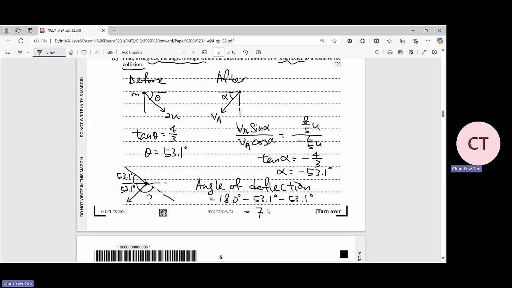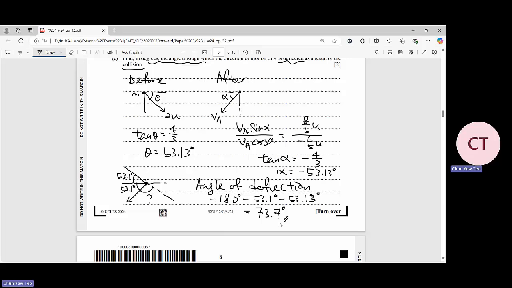Wait, tangent 4/3. To be safe and more accurate, we give 2 decimal places. So it will be 180 minus 53.1 times 2, and your answer will be 73.7 degrees.